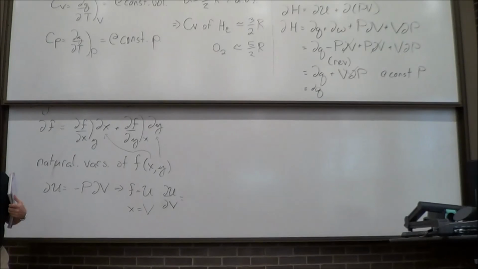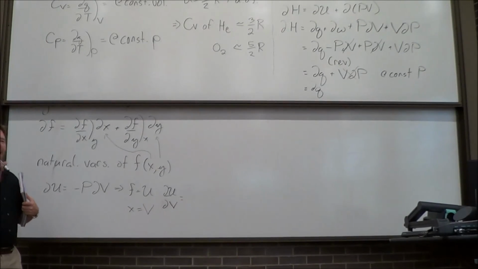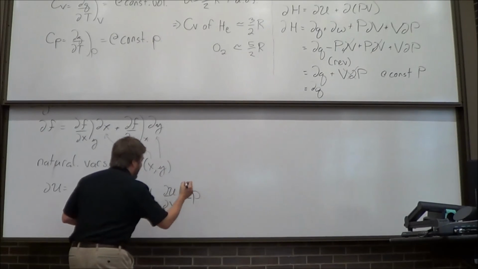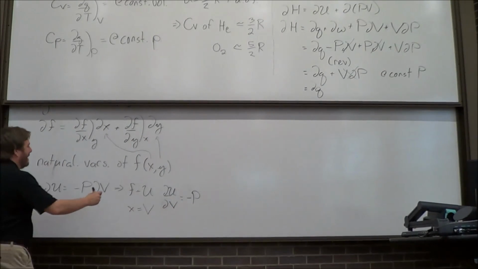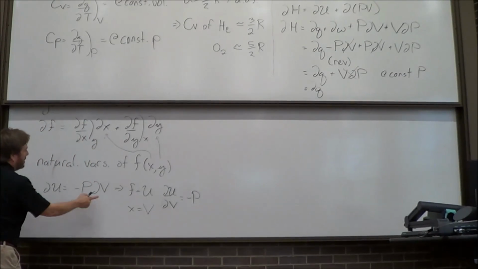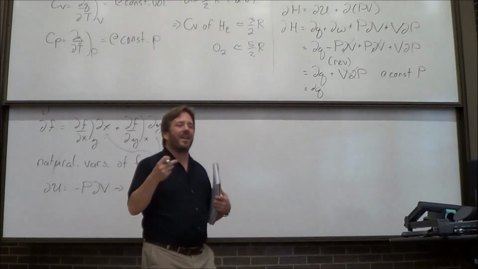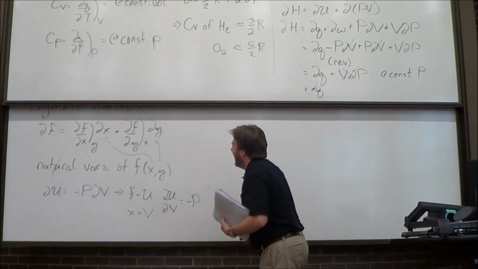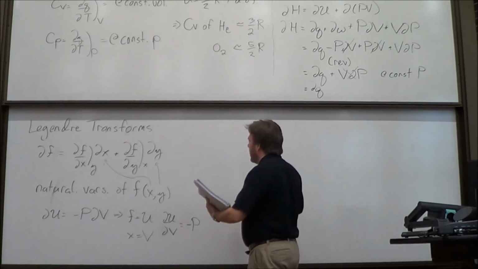What's that? P. You're halfway there. Negative p. Right? You see? Changing u is minus p dv. There you go. You see how this game works? Now you're going to do it 1,000 more times.